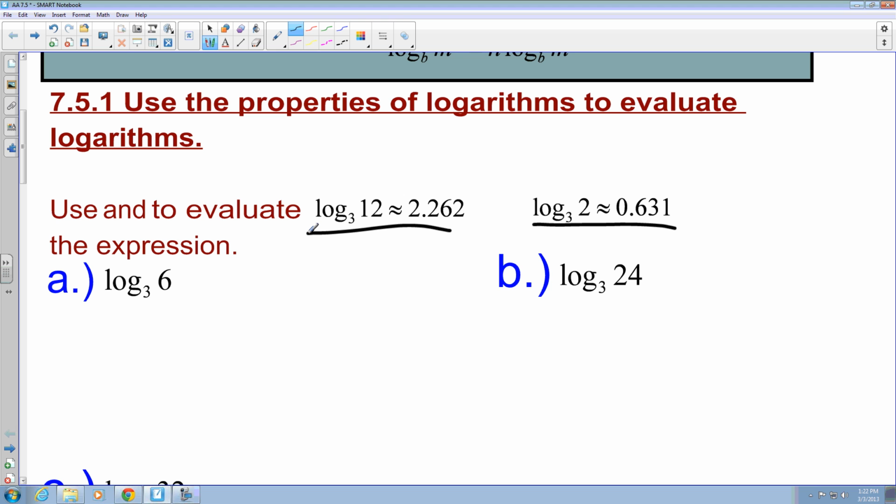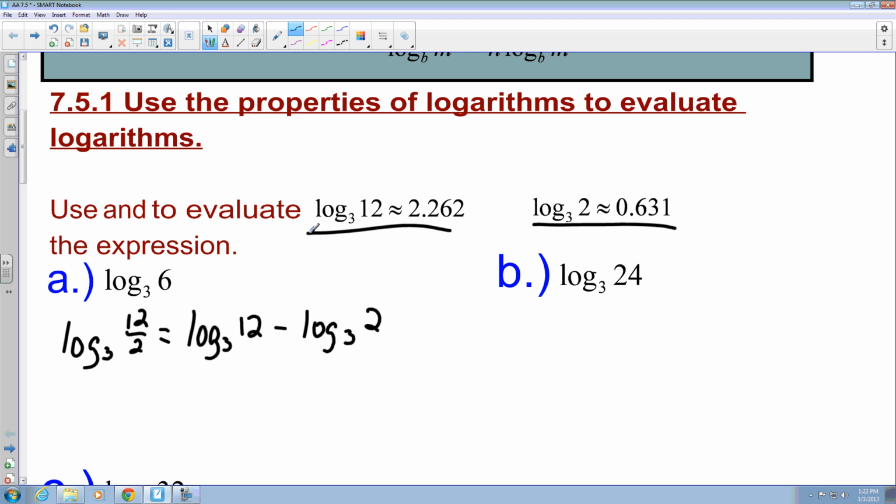So I'm going to go log base 3 of 12 divided by 2. But then we remember we can use the quotient property and rewrite this as log base 3 of 12 minus log base 3 of 2.